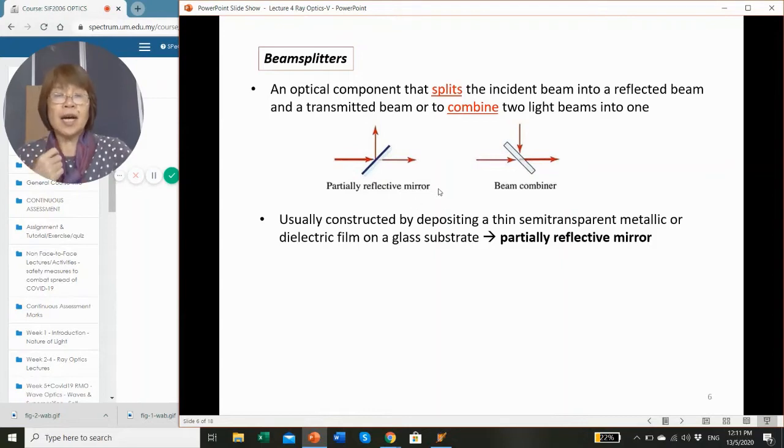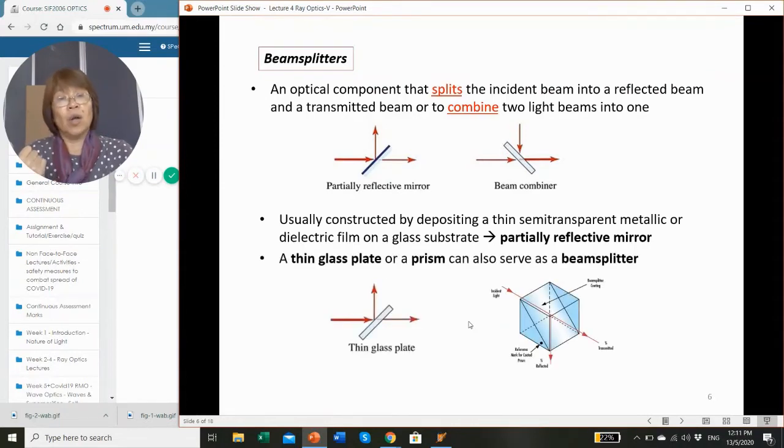It's usually constructed by depositing a very thin semi-transparent layer. It can be a metallic or a dielectric film, and that will give you a partially reflective mirror. In fact, a very thin glass plate like the cover slip of a microscope slide, you also can see this.